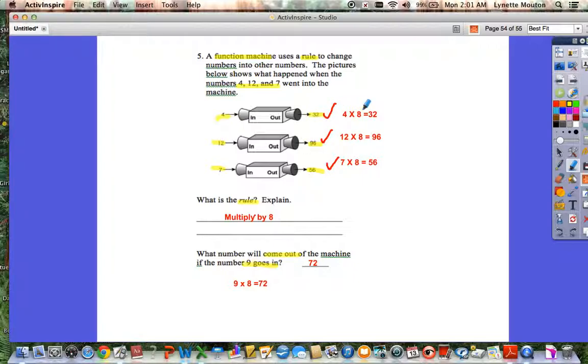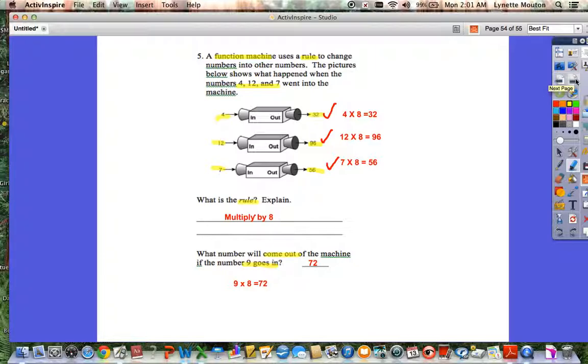We tried the addition and it didn't work, so multiplying by 8 is what gave us the answer to all of them. And then what number comes out of the machine if a 9 goes in? Using our calculator, 9 times 8 is 72, or you could do your little hand trick with your 9s. 9 times 8 equals 72.